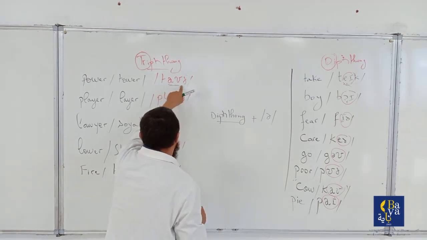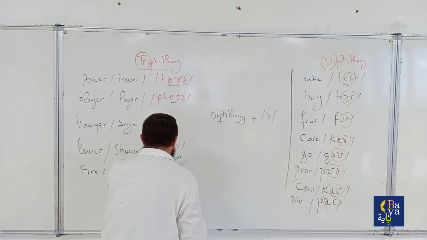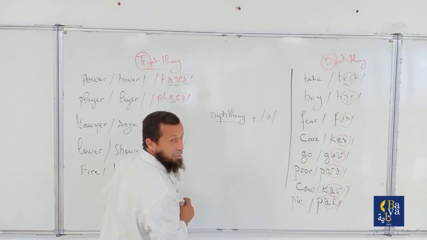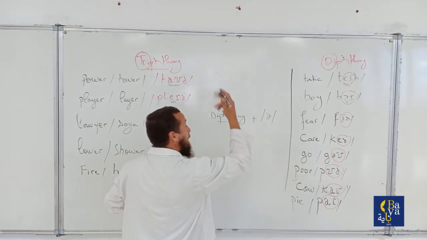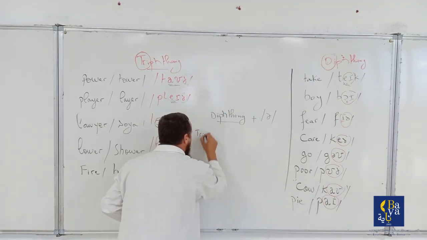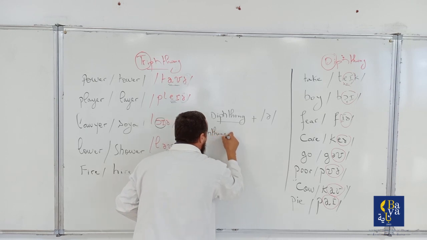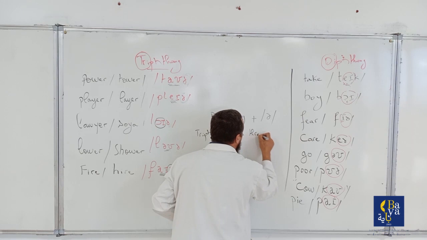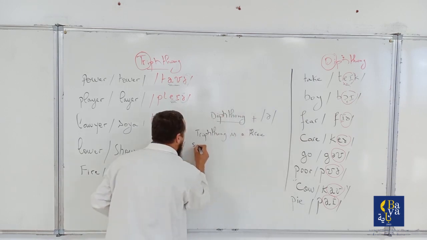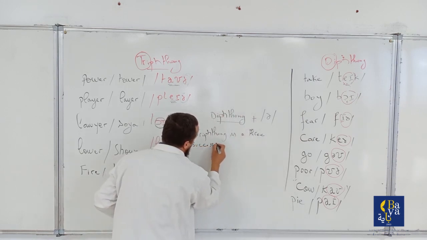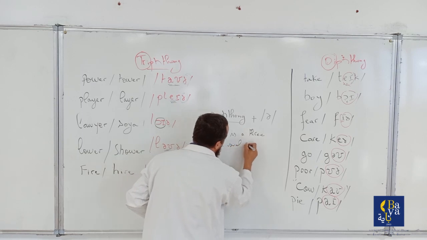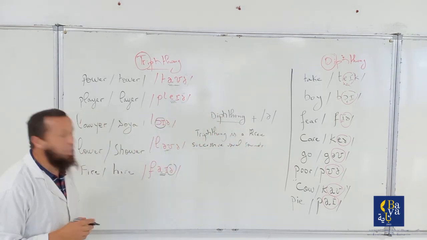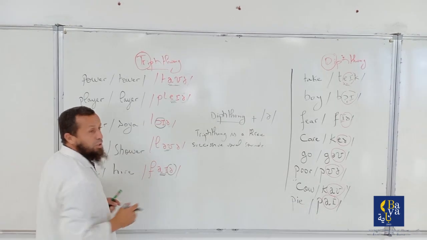I'm learning to count from 1 to 3. Okay, 1, 2, 3. So triphthong is 3 successive vowel sounds. Oops. And this is the triphthong. These are the triphthongs. Okay.